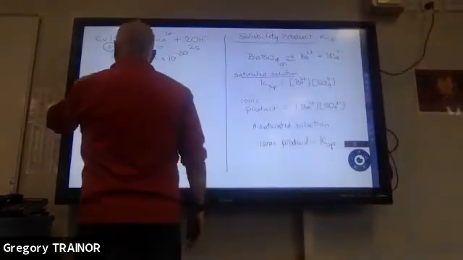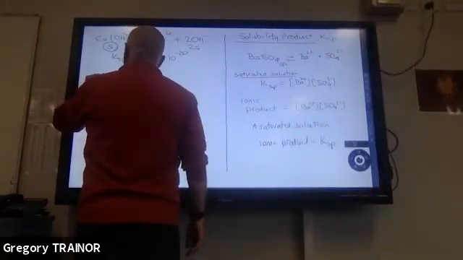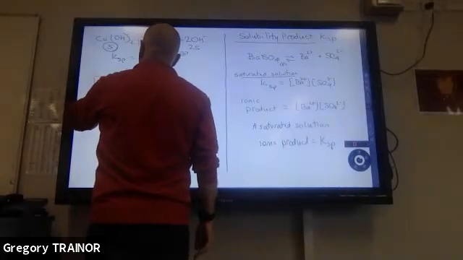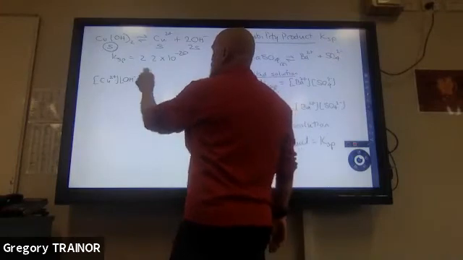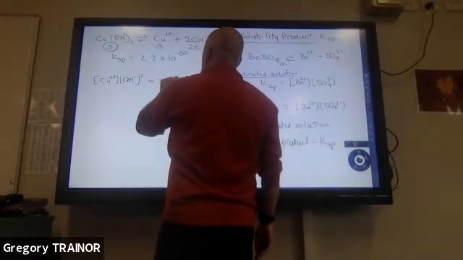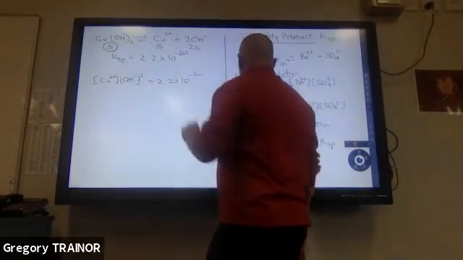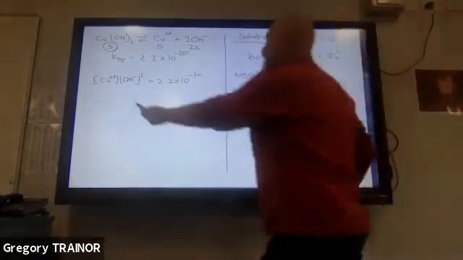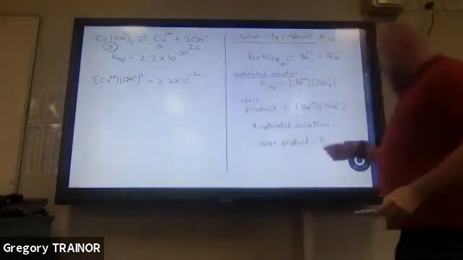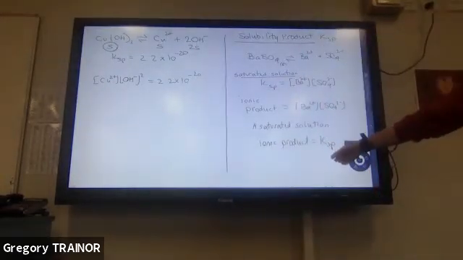Now we know that the ionic product, Cu2+ times OH- squared, is equal to 2.2 times 10 to the minus 20, because in a saturated solution, the ionic product, this thing, is equal to the Ksp.